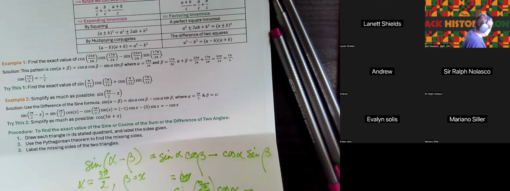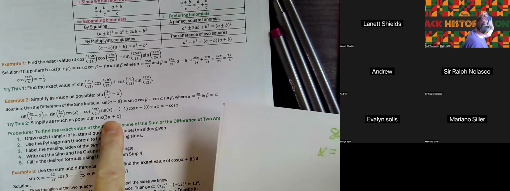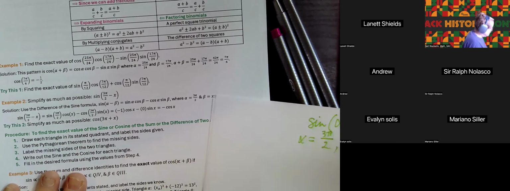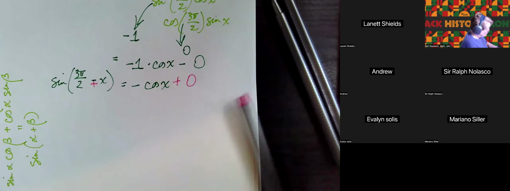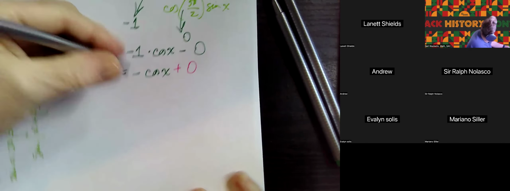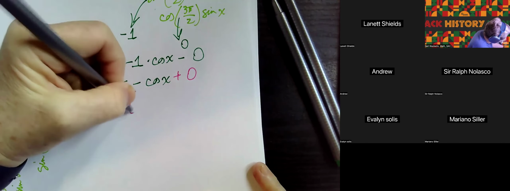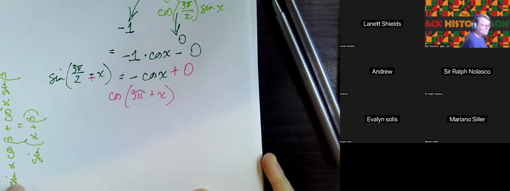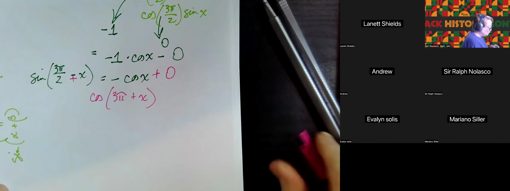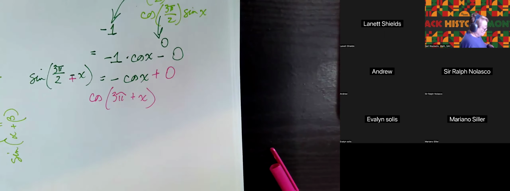So let's walk through the next one together. Let's see if we can simplify cosine of 3 pi plus x. So we've got cosine of 3 pi plus x. And what is the formula for the cosine of a sum?